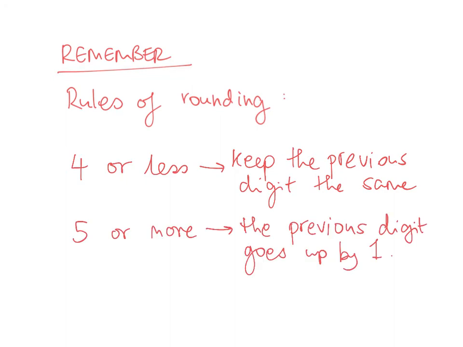If, however, after our rounding line, we can see a 5 or more, so a 5, a 6, a 7, an 8 or a 9, the previous digit goes up by 1. Please make sure that's written very clearly into your book. It's very, very important that you remember, and I'm sure you've seen this before when you've been doing rounding at primary school, but just write that down so you've got it ready to refer back to today if you need it, please.